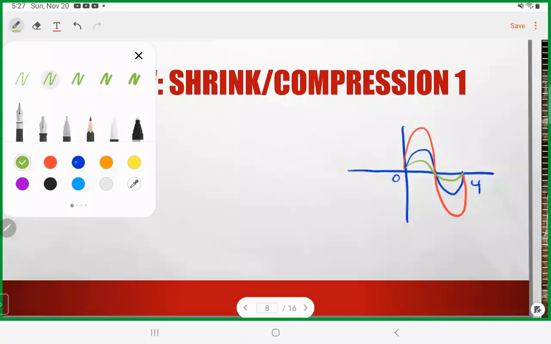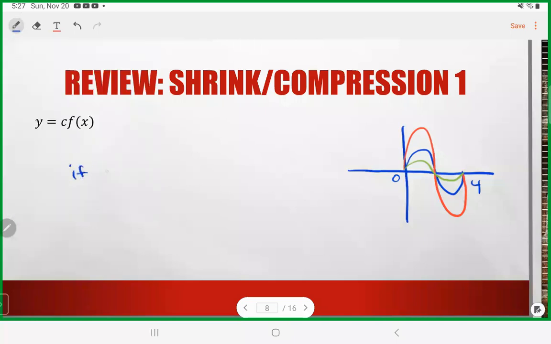So from this, we can say that if c is greater than 1, you're going to stretch by a factor of c.